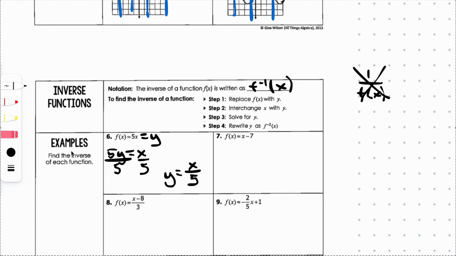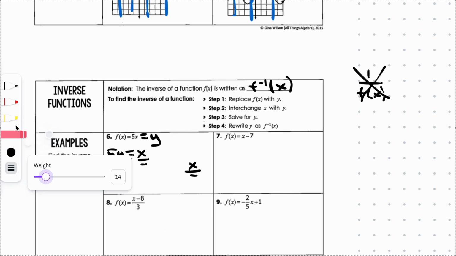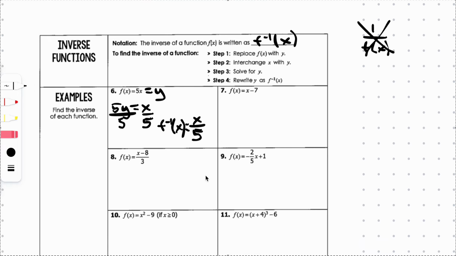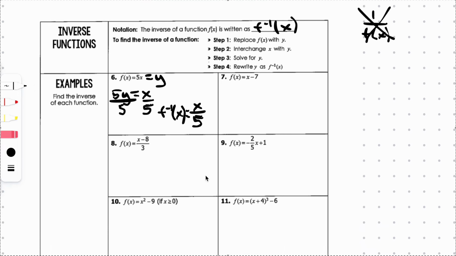But instead of y, I'm just going to say the inverse of f of x is x over 5. Okay, nice. Now let's try to do number 8.